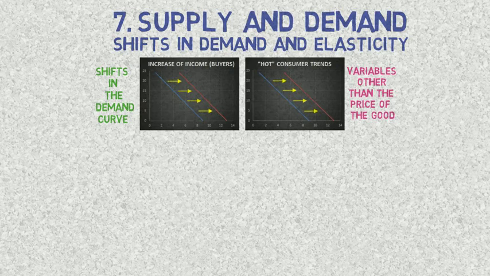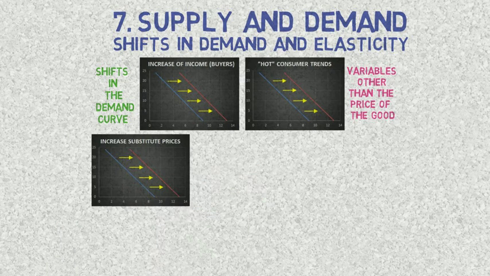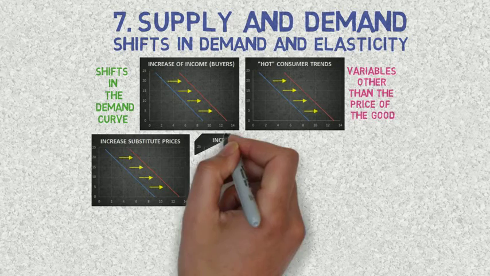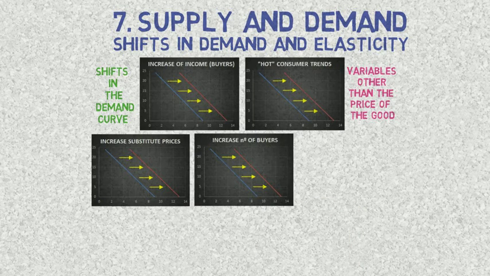When a consumer is indifferent between two products, a rise in the price of one product makes consumers shift to the other product. In other words, when the price of a substitute increases, the demand curve of a given product shifts to the right.